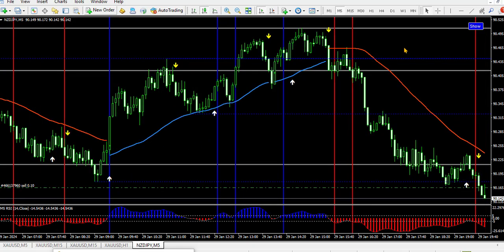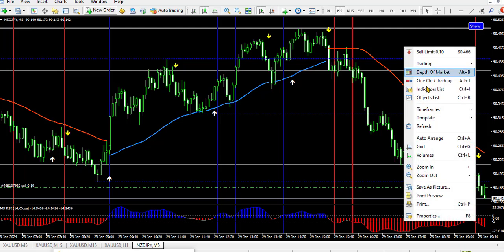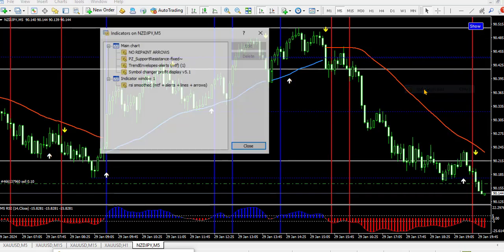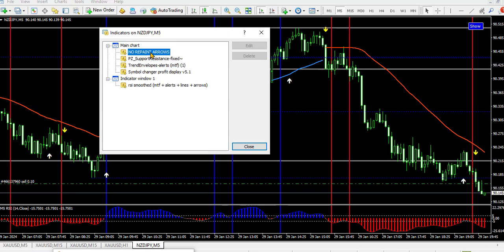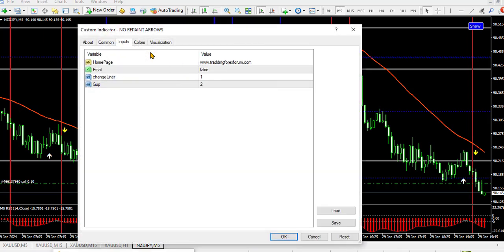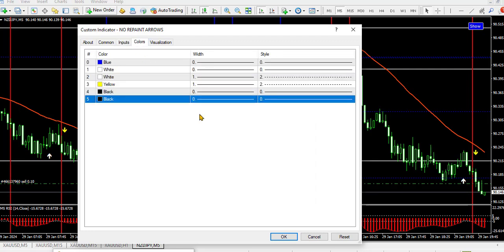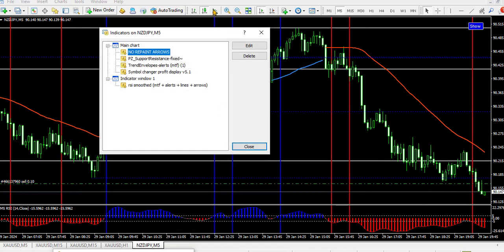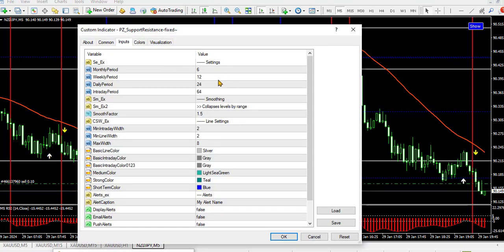Now let me show you all the indicators I use for this particular strategy. I have the non-repainting indicator, and this is the setting and the colors. Then the support resistance indicator.